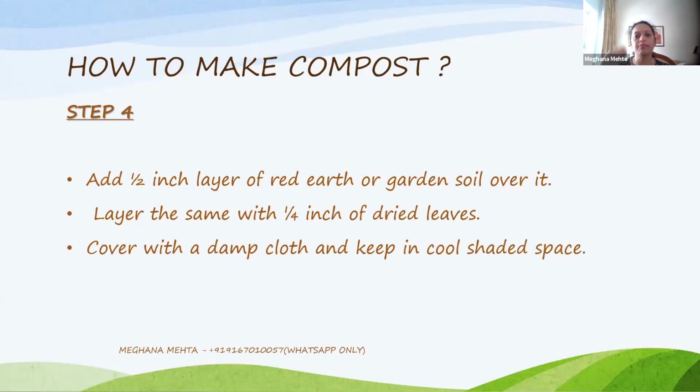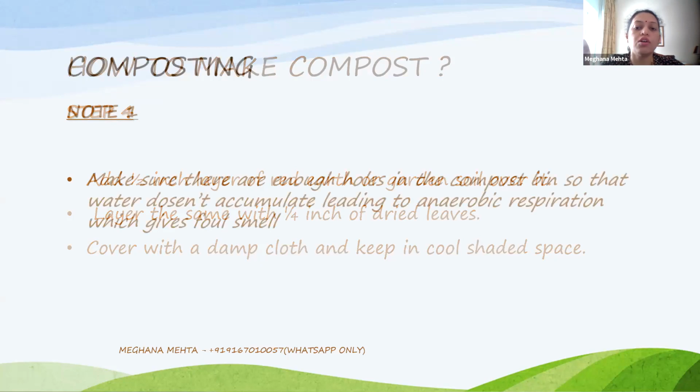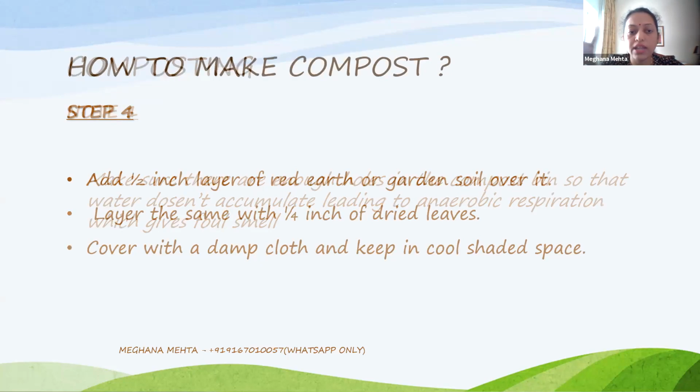But sometimes we find, and every day we have to churn and mix it, that it's wet. Now this compost has to be moist, but water should not drip out of it. Once we are churning it, we'll come to know if the amount of moisture is more. In that case, you will increase the amount of browns, because the browns' function is to absorb the moisture.